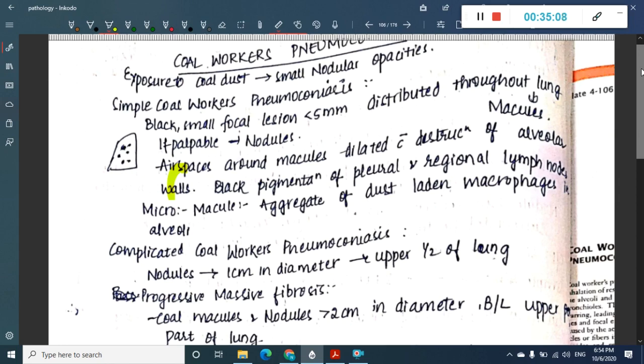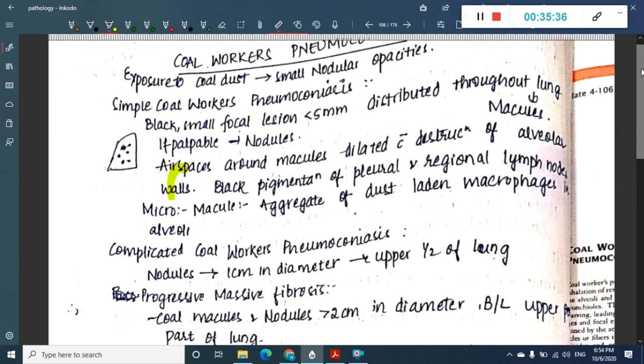Whenever the person works in coal mines or coal industry, the particles will enter the lungs and are engulfed by the macrophages. The macrophage cannot degrade these coal dust particles because they are not bacteria, not viruses, and not any organic material which can be degraded by the enzymes produced by macrophages.